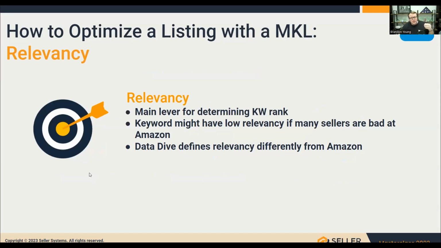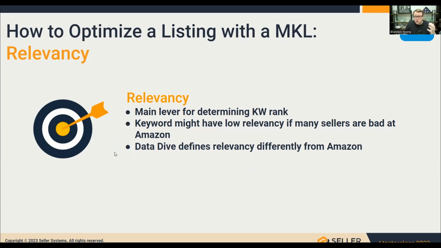So relevancy is the main lever for determining keyword rank. We went through this earlier with regards to how the algorithm works. The keyword might have a lower relevancy if many sellers are bad at Amazon. So even though it's a highly relevant keyword, if most of your competitors are not good, it might appear like the relevancy of the keyword isn't very good.